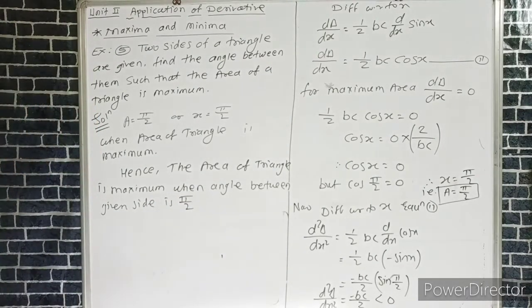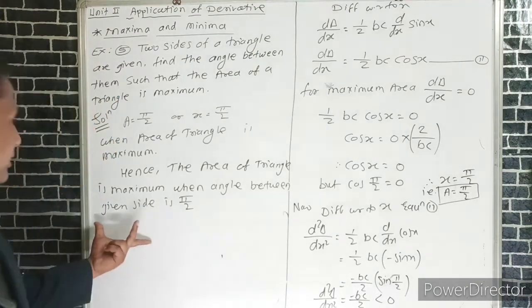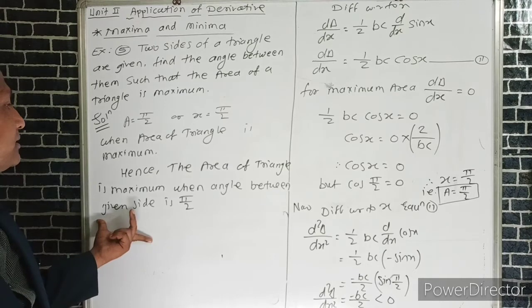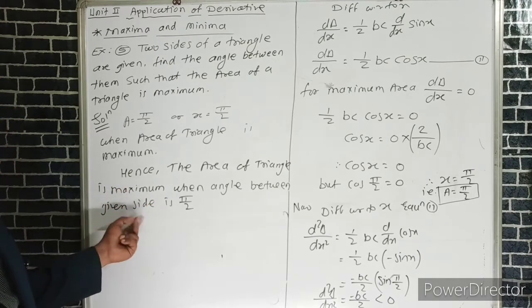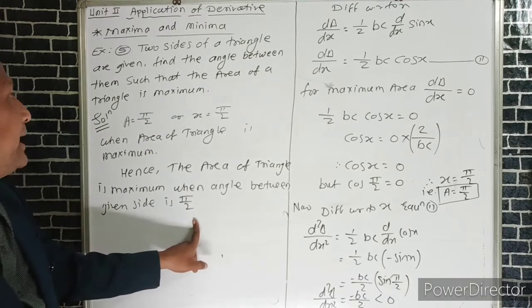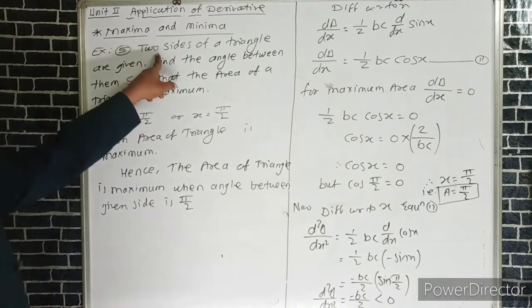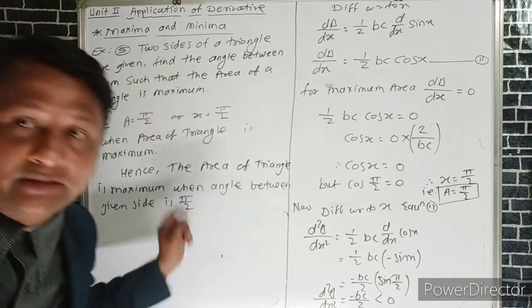Alternatively, we can write sin A is maximum when A is equal to pi by 2. So here the required answer: when the area of the triangle is maximum, the angle between the given sides is pi by 2.